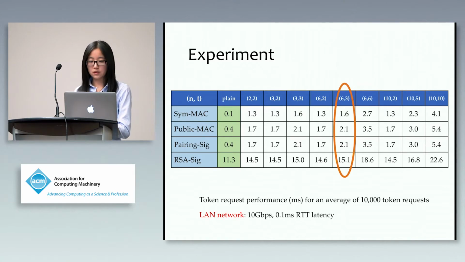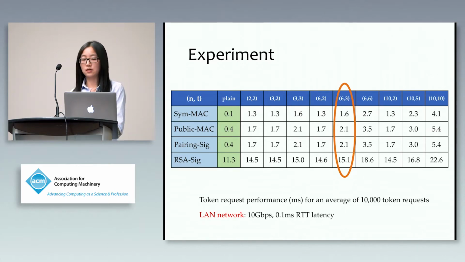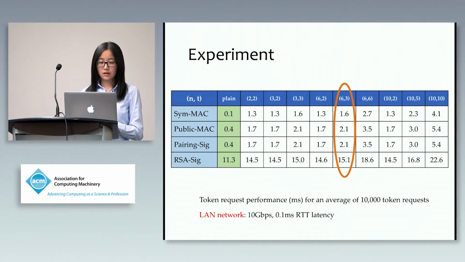For example, this column means the number of servers is 6 and the threshold is 3. And the numbers in this table are the time it takes for a client to request a token. We only consider token request performance because that's used more often, but the sign-up phase is also fast. And this is tested on a LAN network.